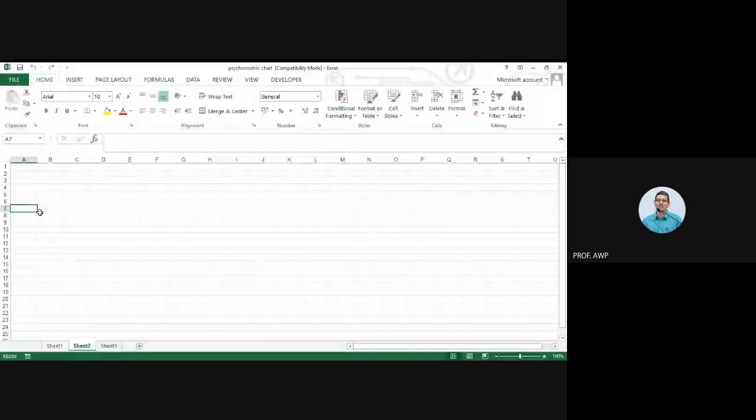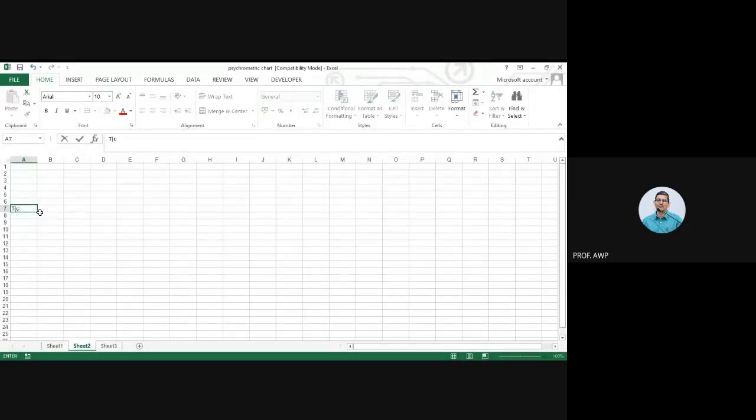Right, so what we are going to do is we are going to take temperature in degrees centigrade, different values we are going to take. We can take as many values as I want because we are anyway doing these calculations in Excel. We are not doing it manually.